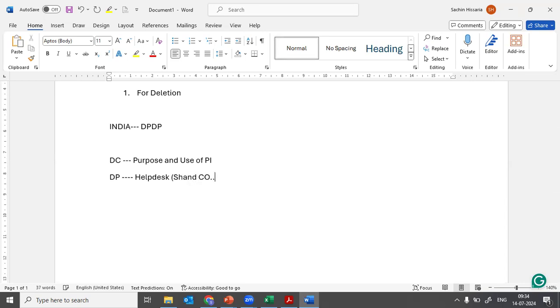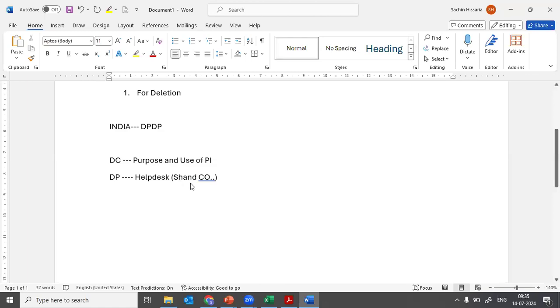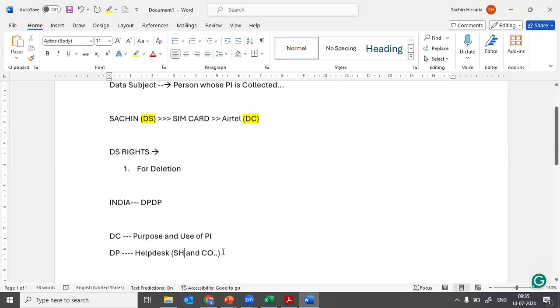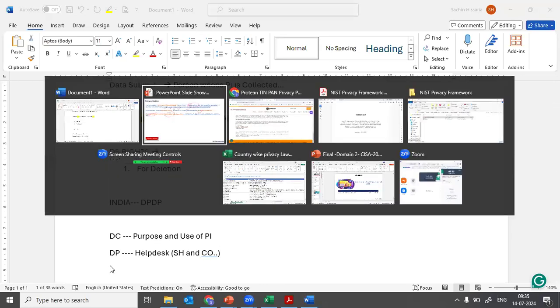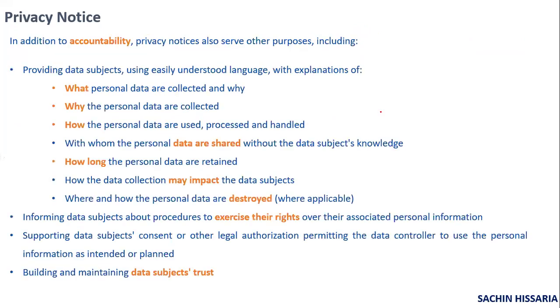Now, SHN company can be considered a data processor, because they are processing your personal data on behalf of the data controller. So they need to comply with the parameters mentioned in the privacy notices.